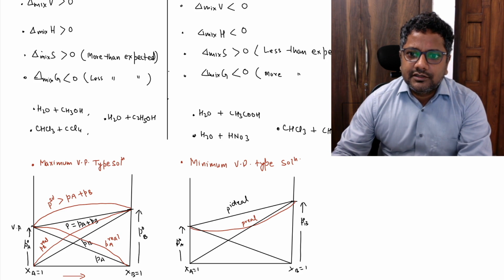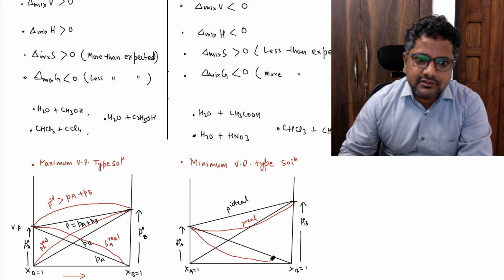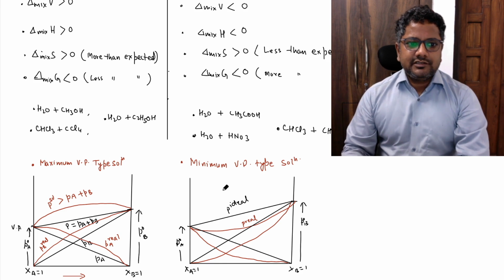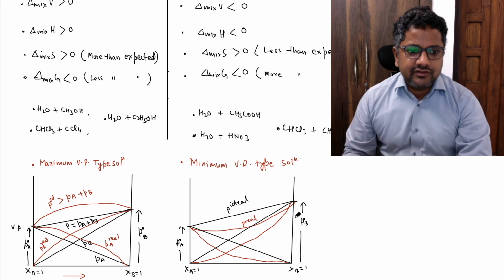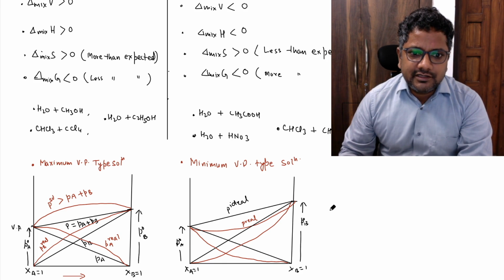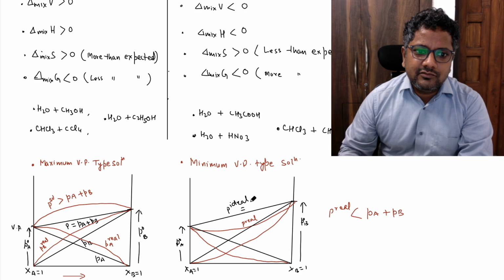So the real one is like this and like this, right? So this is the negative deviation from Raoult's law. In this case, total P real is less than PA plus PB. And here P ideal is equal to PA plus PB, right?